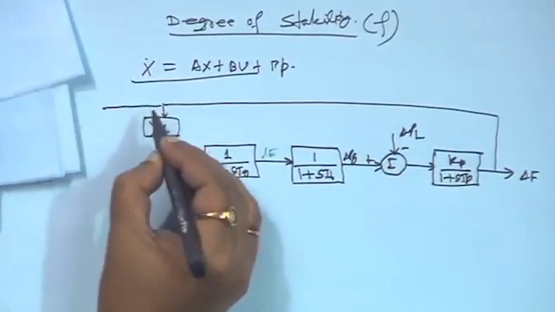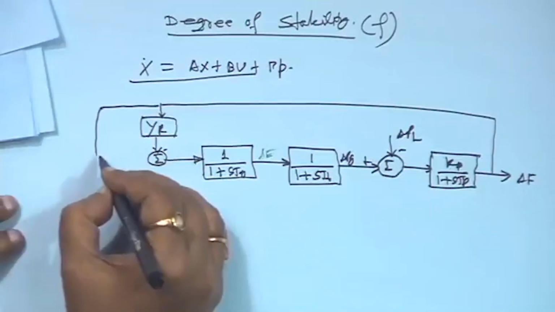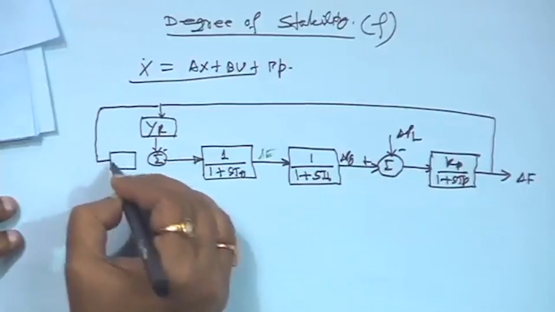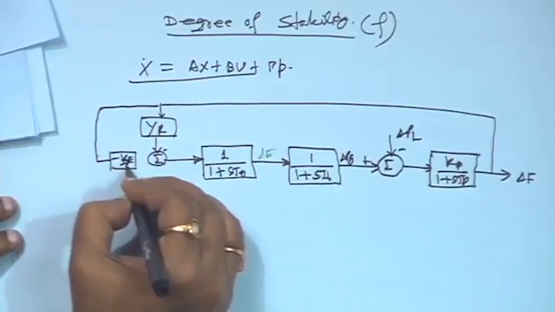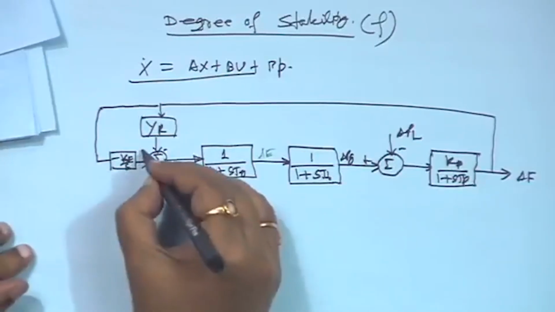Suppose you have an integral controller here, minus Ki upon s, and this is plus.